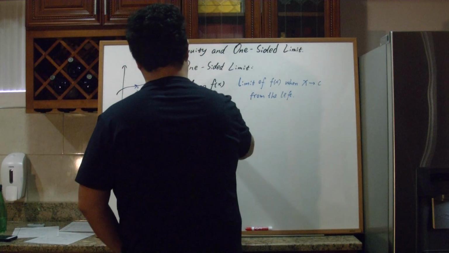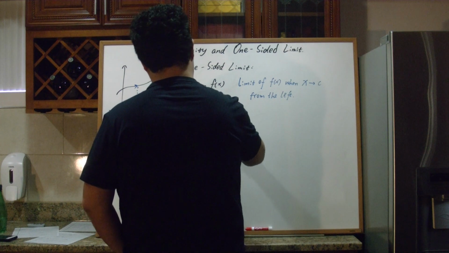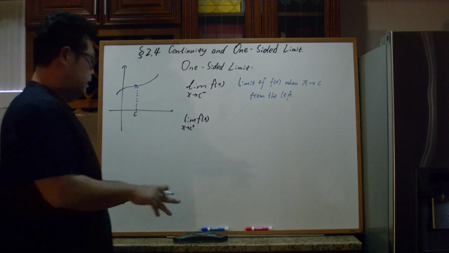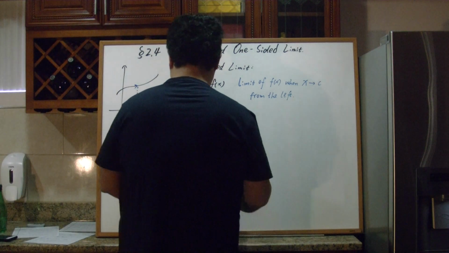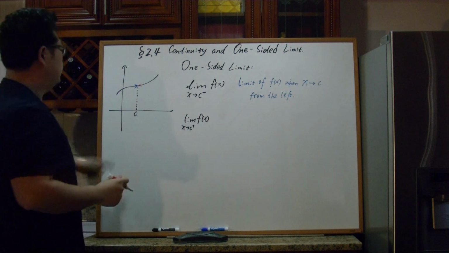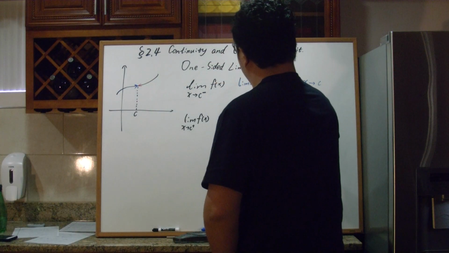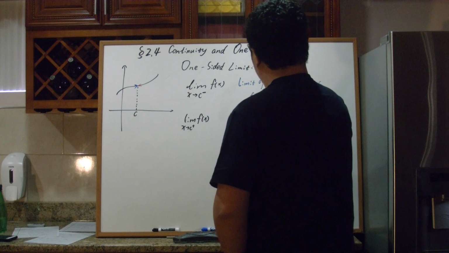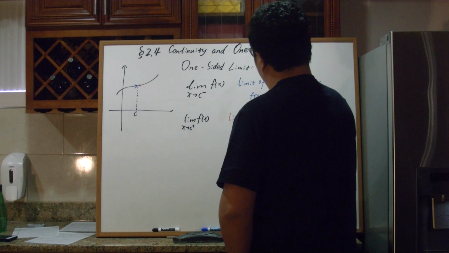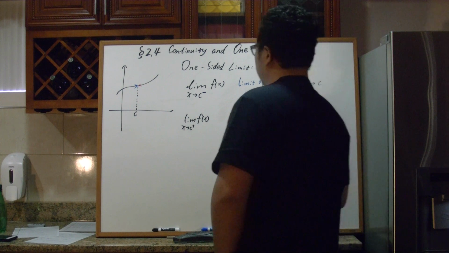And also the other side is when x approaches C plus. That is approaching along the path to the value C from the right. Similarly, that's the limit of f of x when x approaches C from the right.